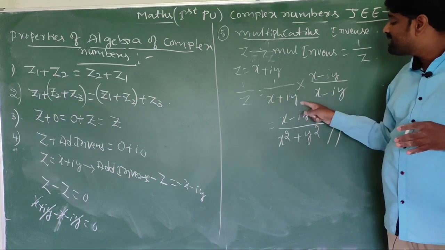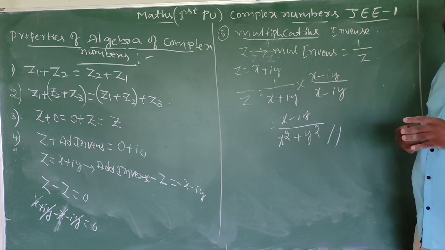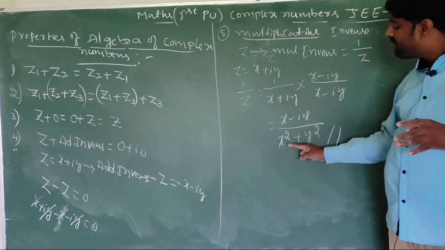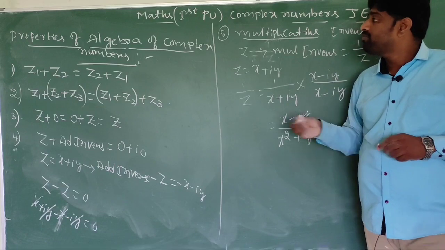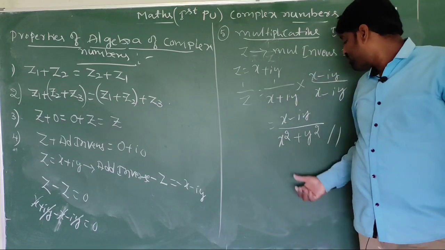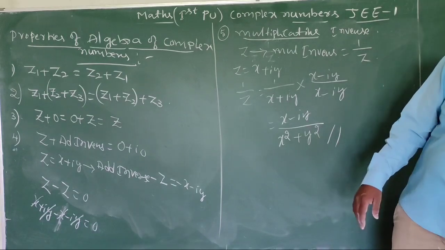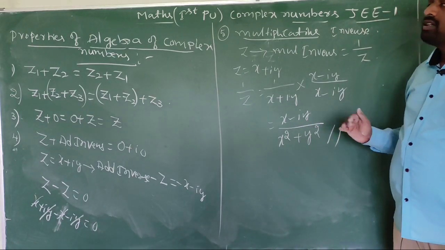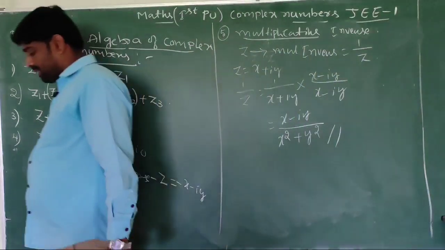Rationalize with x minus iy divided by x minus iy. So x minus iy into 1 is x minus iy, divided by x square plus y square. These are the properties of algebra of complex numbers.